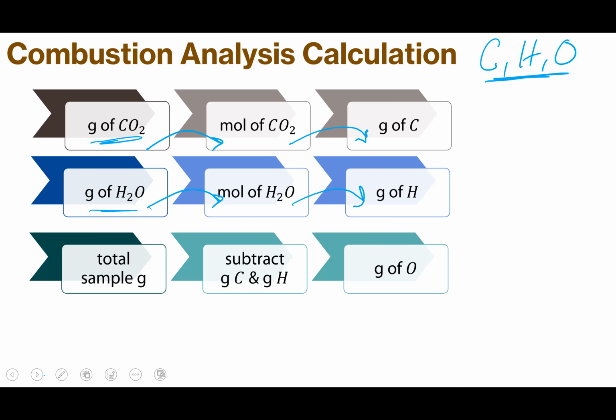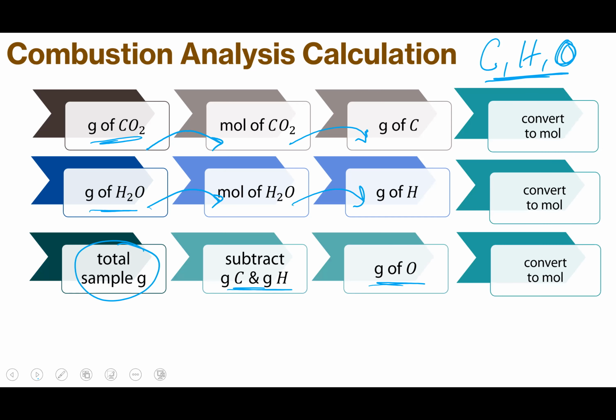Once we have those, then we'll know how much sample we started with. We can subtract and figure out how many grams of oxygen is there. Okay, this is how we're going to get the oxygen from our CHO compound. Once we have the grams, every single one of those will turn into moles because we have to get to moles to do a formula.